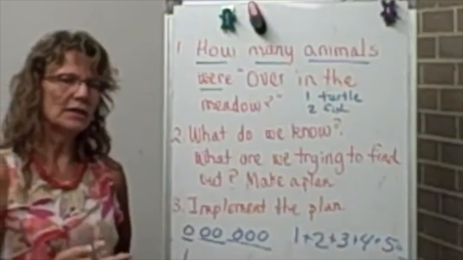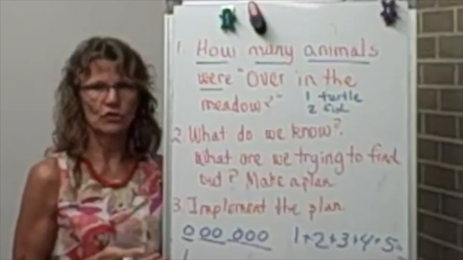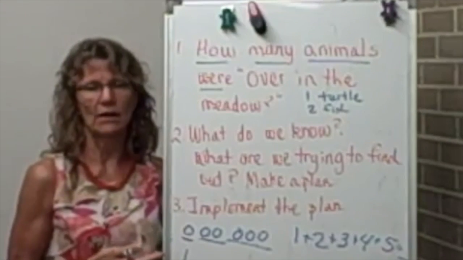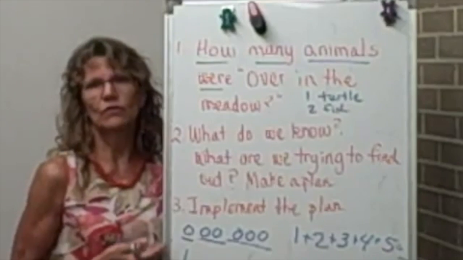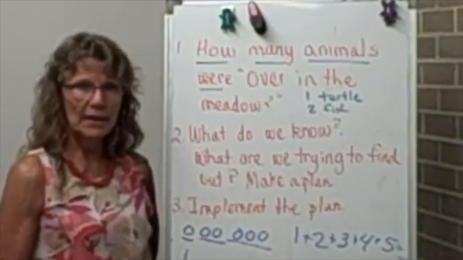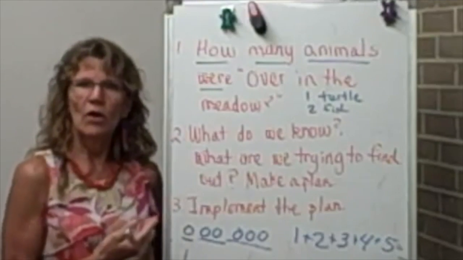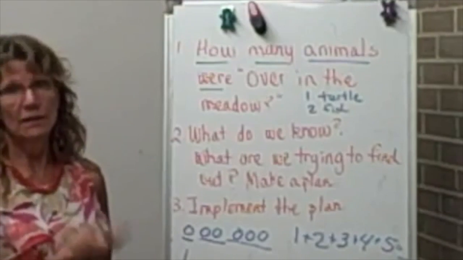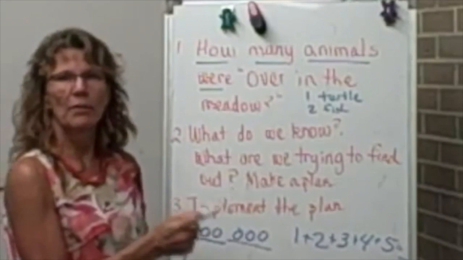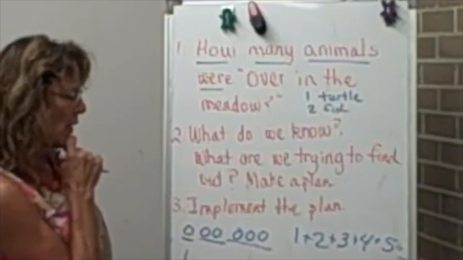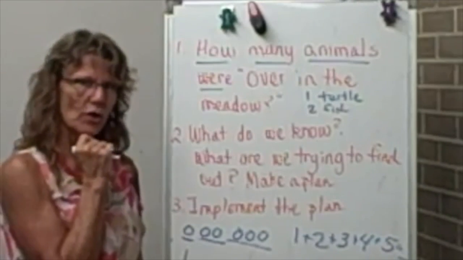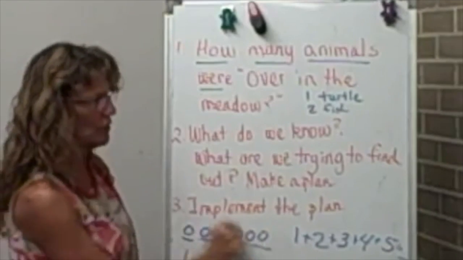And again, this is going to take a lot of modeling on the teacher's part, especially in the beginning of the year. Once students get used to this 4-step process, they make it a part of their everyday math solving. But in the beginning, it'll be almost like think aloud. So I might start with a problem and say, gosh, I don't know, it's going to take me a long time to draw all those pictures out. I think I'm going to use circles.